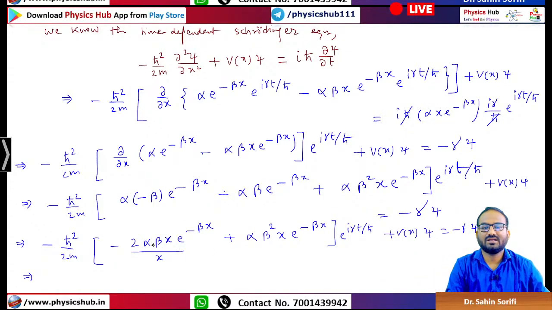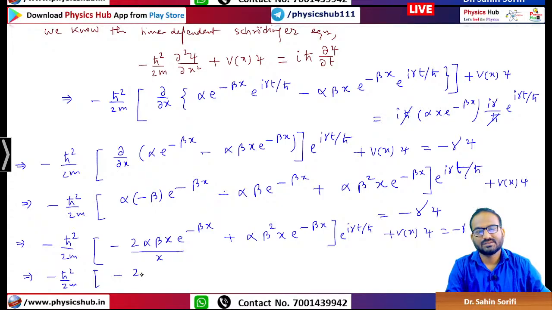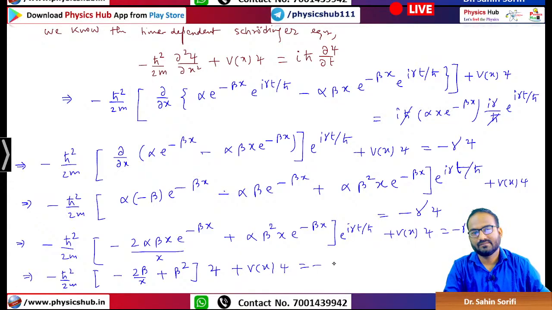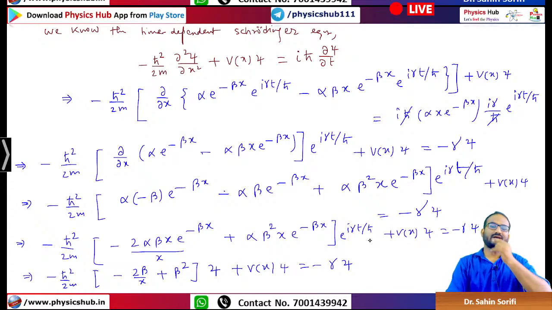So alpha x e to the power minus beta x e to the power i gamma t by h cut, that is psi. So this becomes minus h cut square by 2m, you see, minus 2 beta by x into psi plus alpha x beta square into psi, plus v of x psi minus gamma psi. You see, e to the power i gamma t along with alpha x e to the power minus beta x makes it psi.